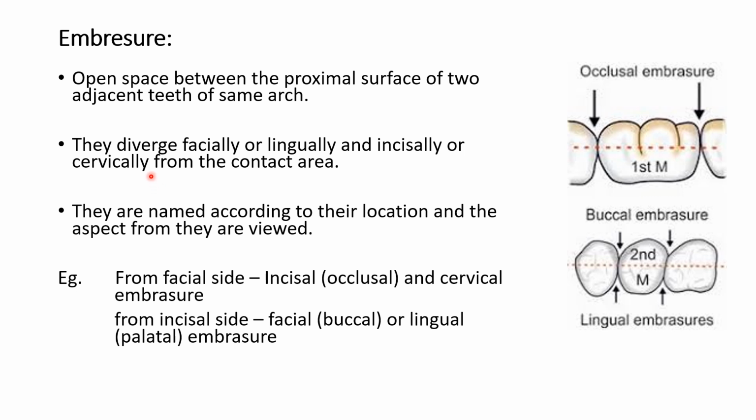Now, embrasure is also an interproximal space, but why is the name different? Because the interproximal space is from the contact point to the cervical line, whereas an embrasure is seen from all sides of the tooth, whether mesial, lingual, buccal, or from the incisal aspect.